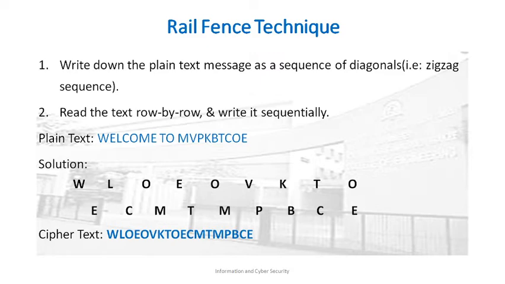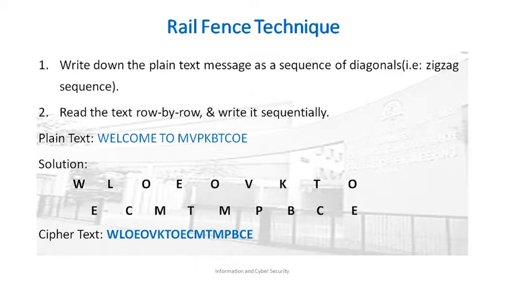Suppose, for example, the plain text is welcome to MVP KBT COE. Now first of all, we will organize this plain text into the sequence of diagonals. So I organize this: W, E, L, C, O, M, E, T, O, M, V, P, K, B, T, C, O, E. Now after organizing it diagonally, we can read it row by row to get the cipher text.